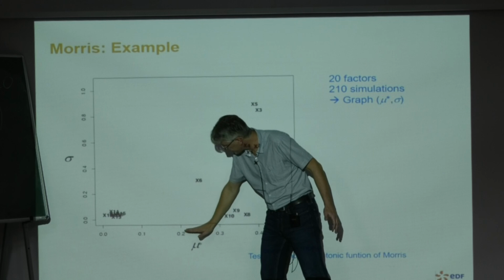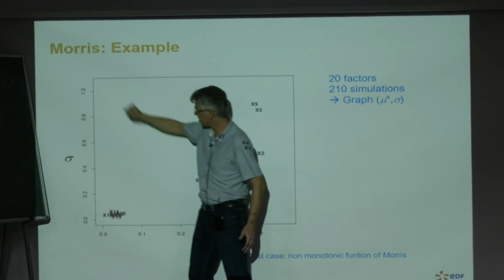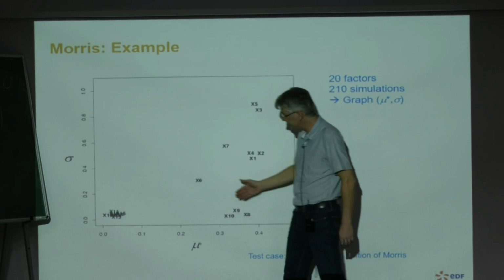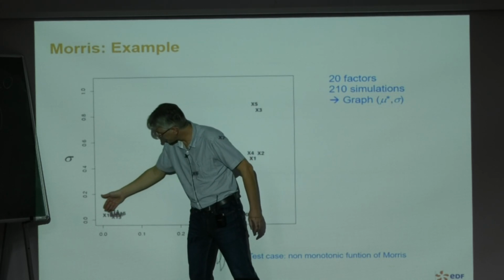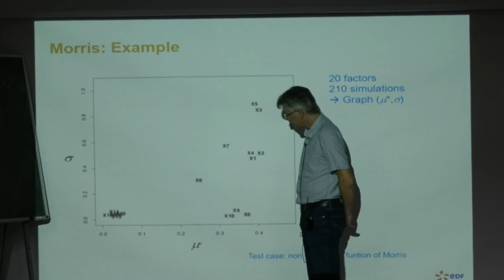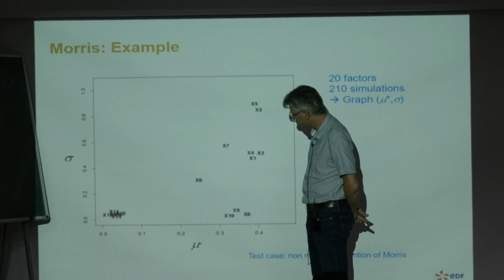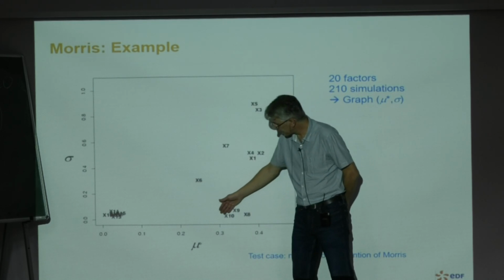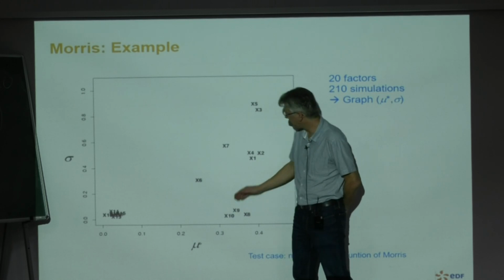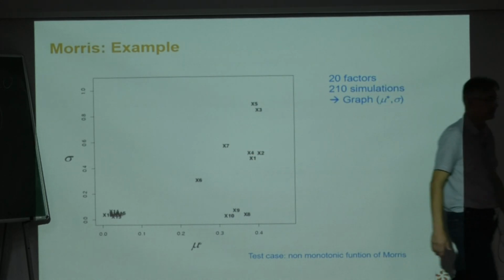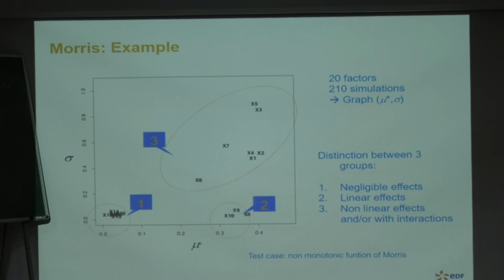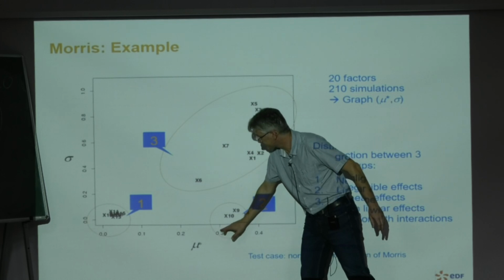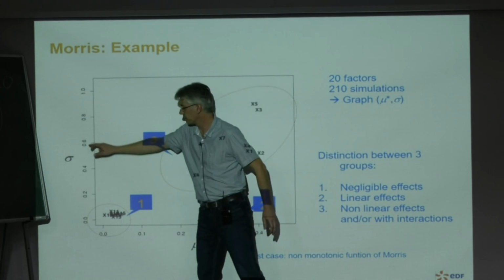Mu star here, standard deviation here, and we immediately see some groups: a group of variables which have very small mu star and sigma, a group of variables with large mu star and small sigma, and another group of variables with large mu star and large sigma. Of course, we have to compare the values on the axes, because it's comparable.